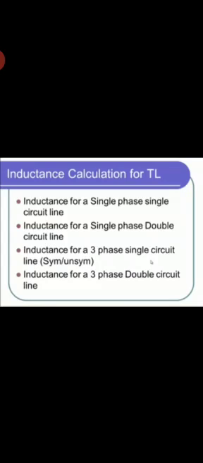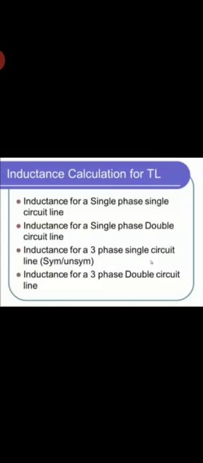In single phase we have again two types of circuits, that is, single circuit transmission line and double circuit transmission line. So we need to understand how these networks of transmission lines look like. In the coming slides I'll show you the single phase single circuit line.